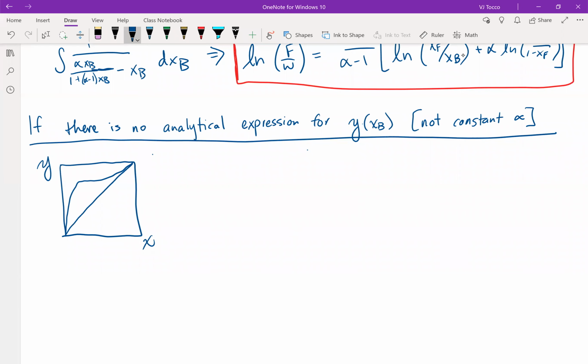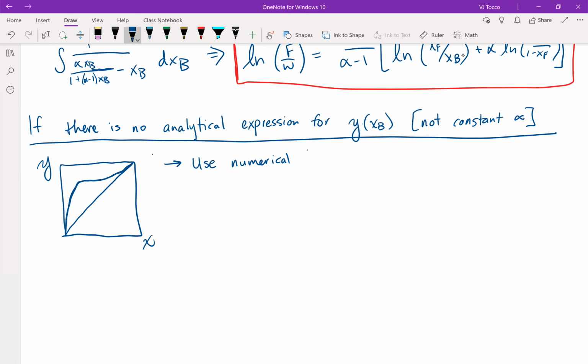Let's assume that it's a system like methanol water or ethanol water, one of those weird ones where there is no constant relative volatility and the equilibrium curve looks a little weird, kind of like that. There is no equation that I can use, so how can I go about integrating it? If this is the case, you'll want to use a numerical integration technique.